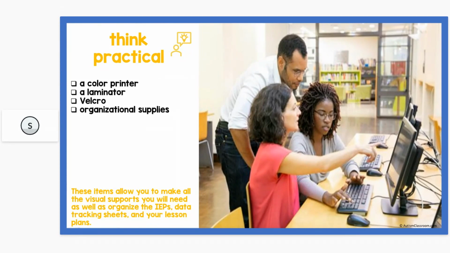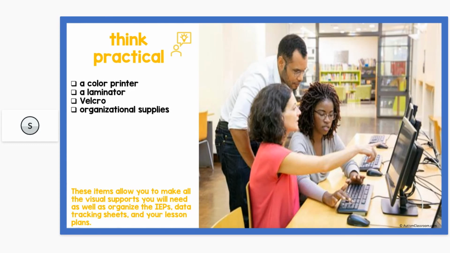So you need a printer, you need a laminator, you need Velcro or fake Velcro, those adhesive dots, and you need organizational supplies. These things are going to help you make all the visual supports that you need and help you organize your data.